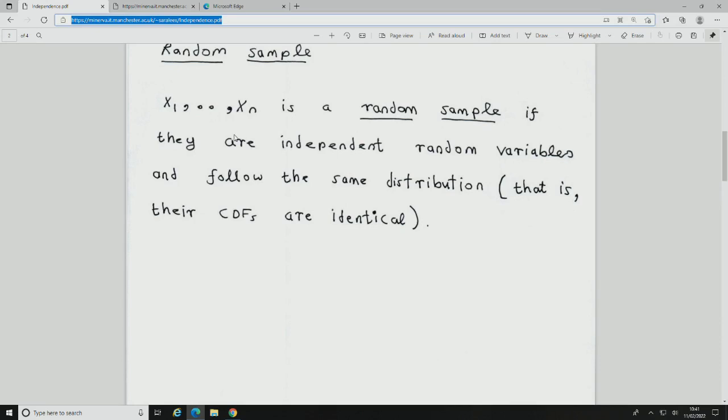If this is the case, X takes the value 1 with probability p, and it takes the value 0 with probability 1 minus p, right?